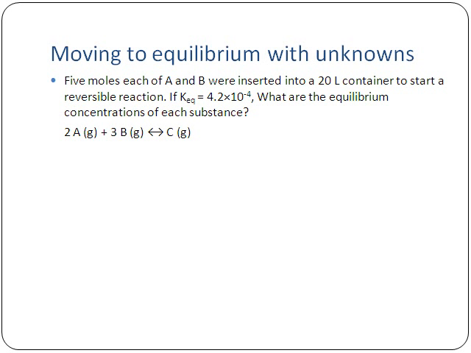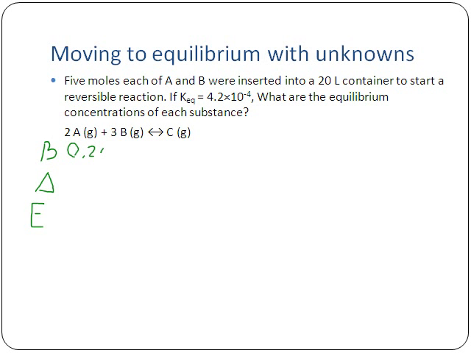And so we want to set this up the same way we did the other ones before. We have a before, we have a change, and we have an equilibrium amount. We're told that we have 5 moles each of A and B to start off with in a 20-liter container. We need to find the initial concentrations. So we say we have 5 moles divided by 20, and we get 0.25.